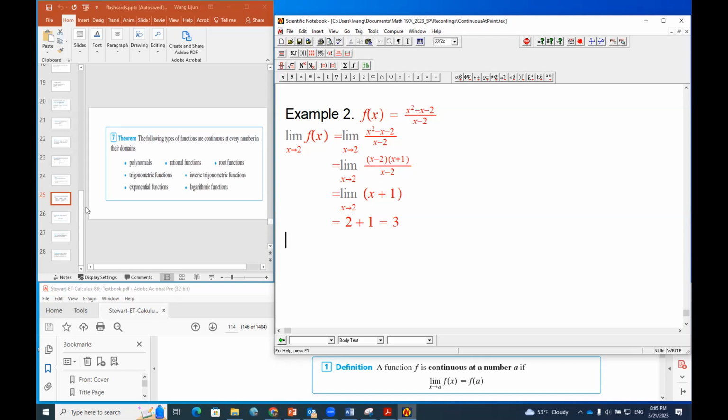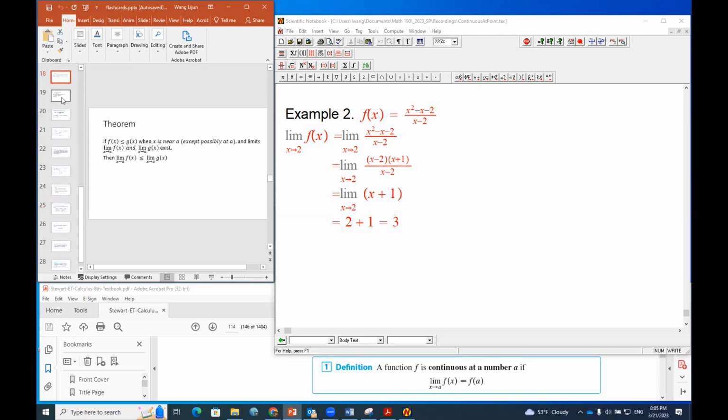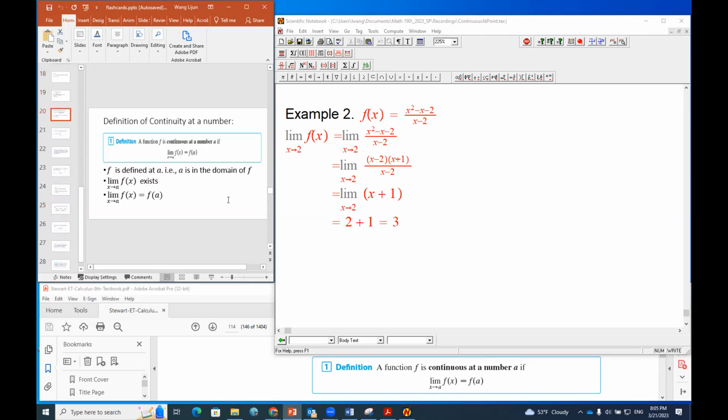So the limit exists. Let's go back to the definition of continuous function. The limit exists. The only problem is that f is not defined at 2. But how about we define a new function?